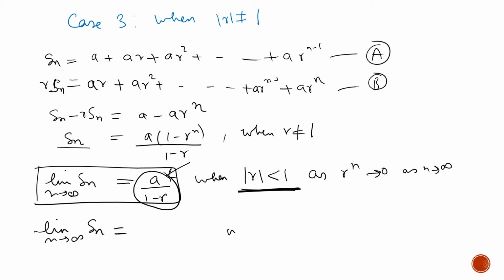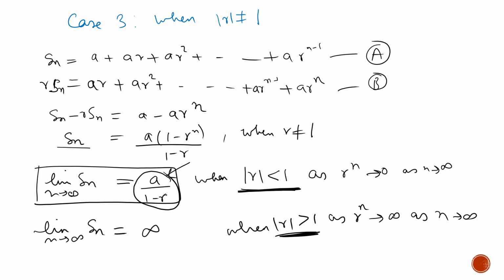Now let us see what will be the limit when mod of r is greater than 1. So this will be equal to infinity, as r to the power n will go to infinity as n goes to infinity when your mod of r is greater than 1. So if mod of r is greater than 1, then you will find that your sum will be infinite, or your series will be divergent.